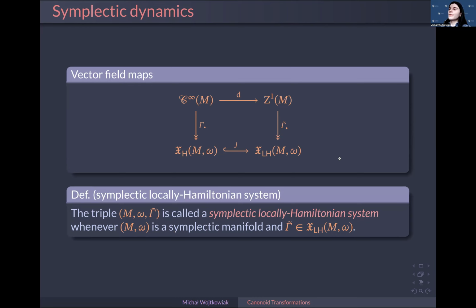So instead of the triple (M, omega, H), we will consider the triple (M, omega, gamma), where gamma is a locally Hamiltonian vector field. Since every Hamiltonian vector field is a locally Hamiltonian vector field, this is just a simple generalization, and we don't lose any information when doing it. It makes our lives easier. So that's why we do it.